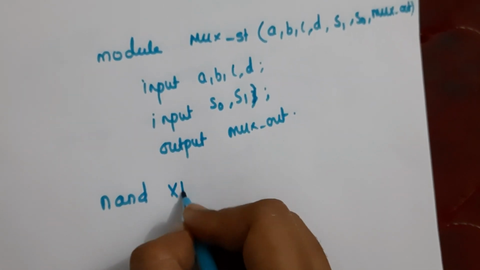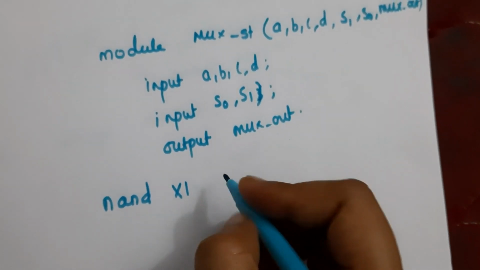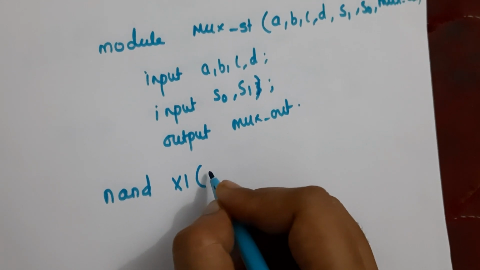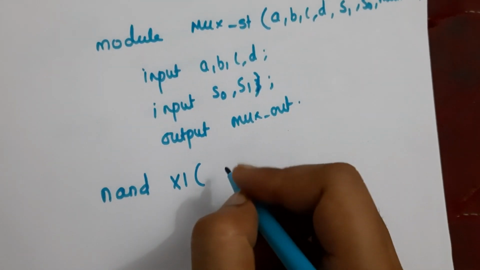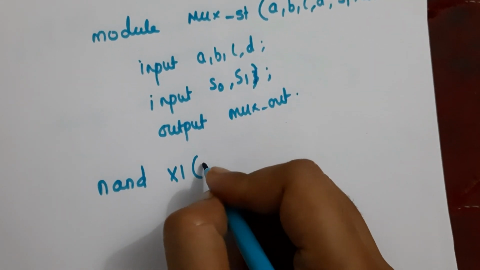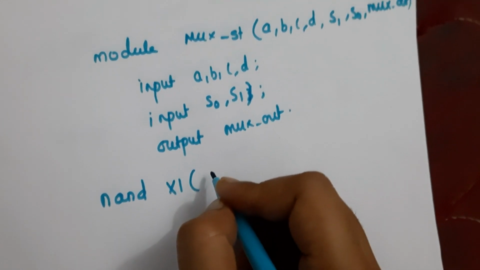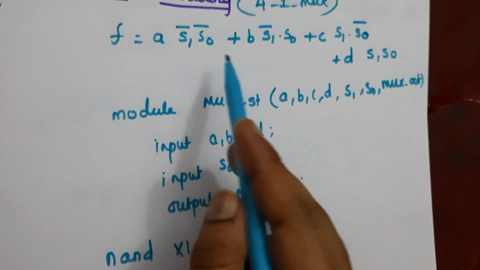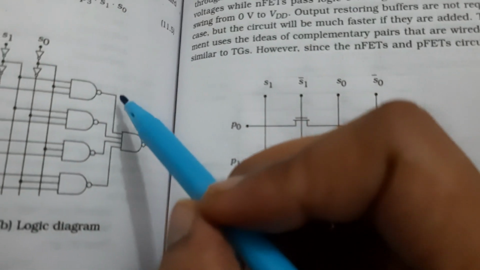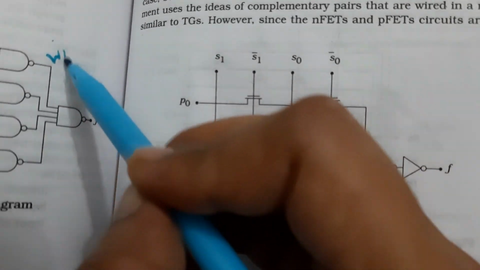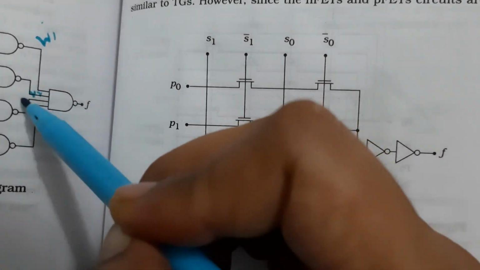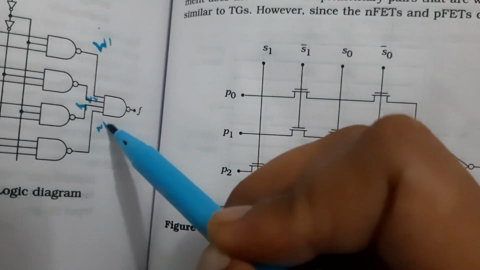Give any one number, this gate number, and here this is given as a wire statement because we need wires to connect all those things. This is considered as W1, this is W2, W3, and this is W4.